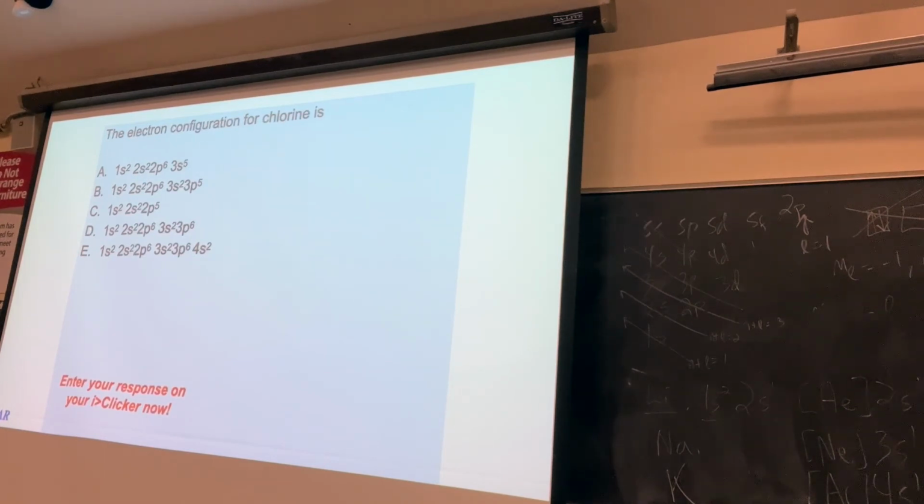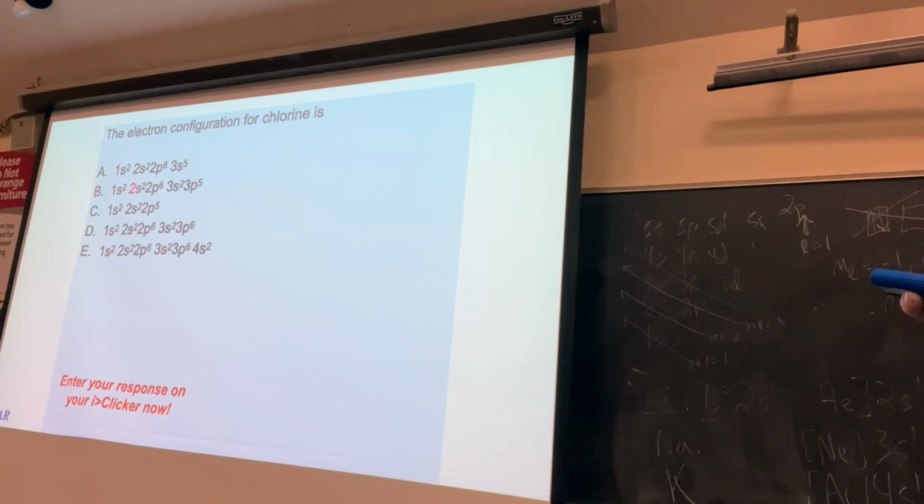3p5. One thing you can do is just look for a choice that has 3p. Well, there's a 3p5. These have 3p6, that would be argon. 1s2, 2s2, 2p6, 3s2, 3p5 is going to be chlorine. You can also count the superscripts, and they should equal 17 if it's chlorine.